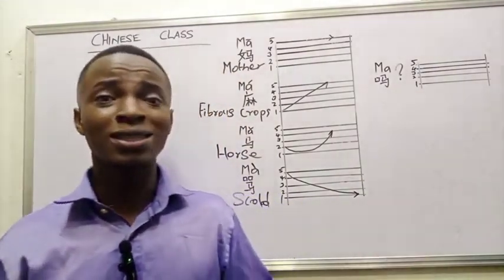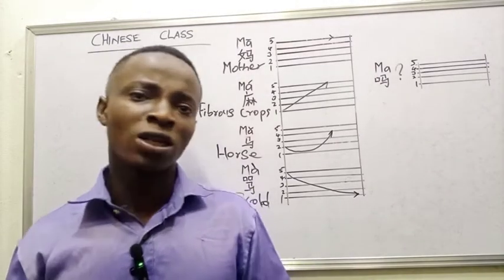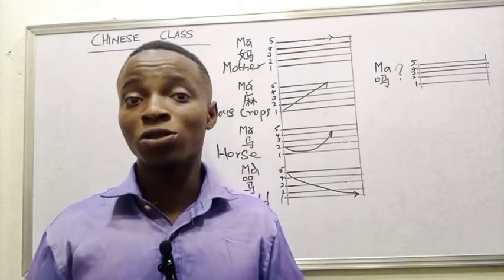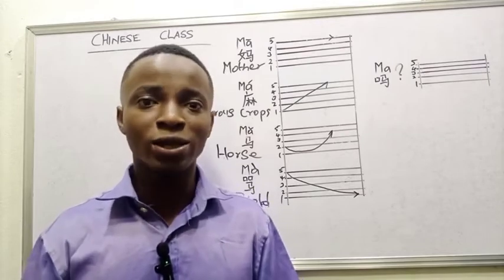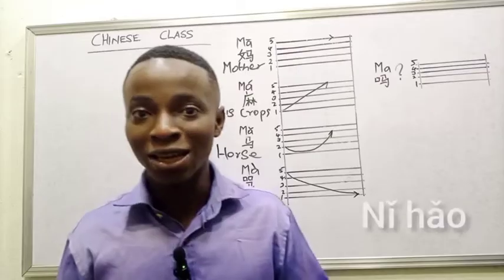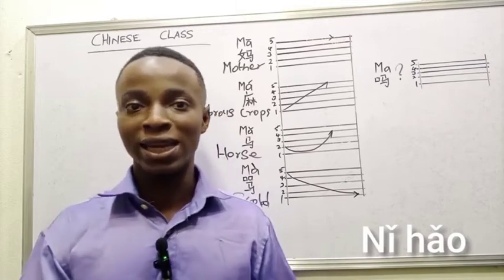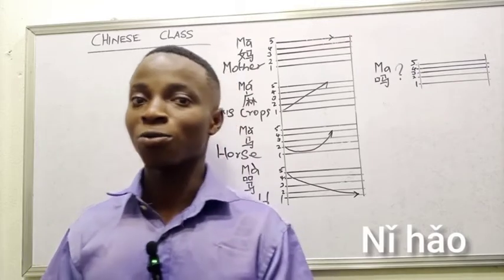So we always use this every day. Let me give you another example. If you want to say, how are you doing? You know, how are you doing is a question. So I can say, 你好吗? Remember last time we learned how to say hello. 你好. 你 means you, 好 means good.